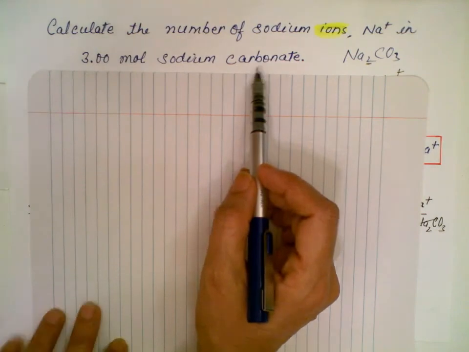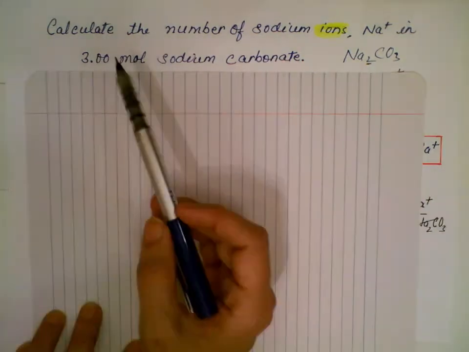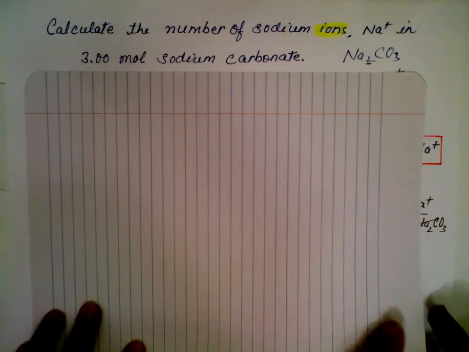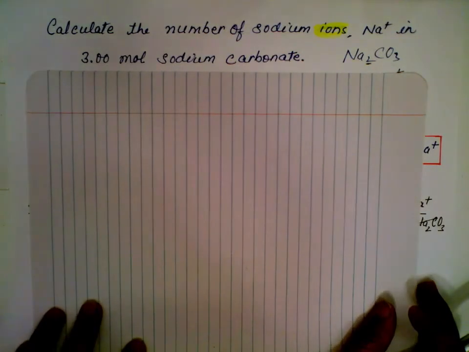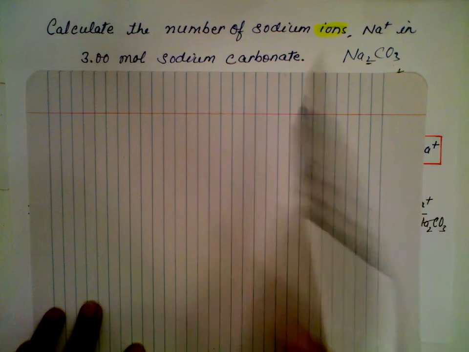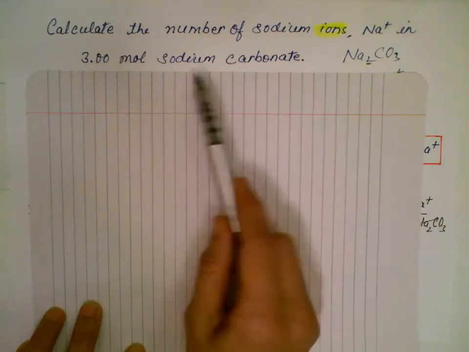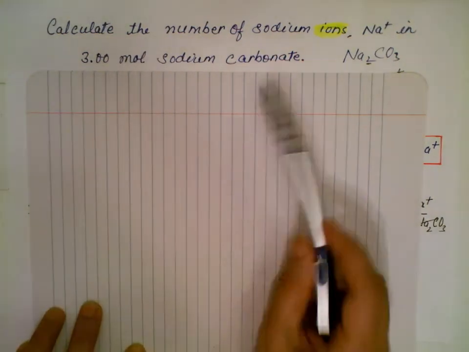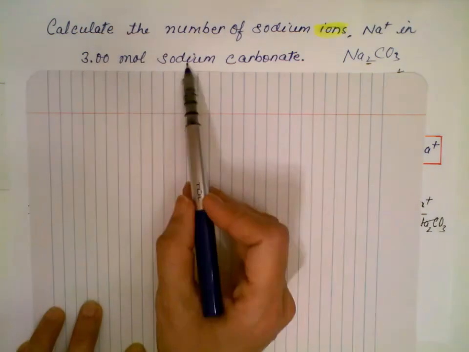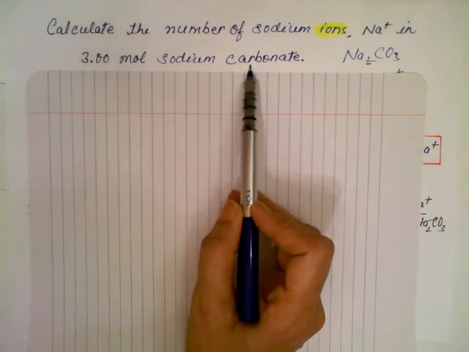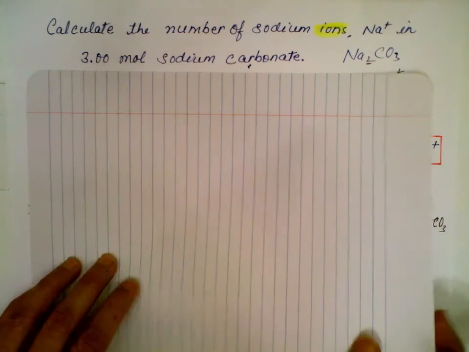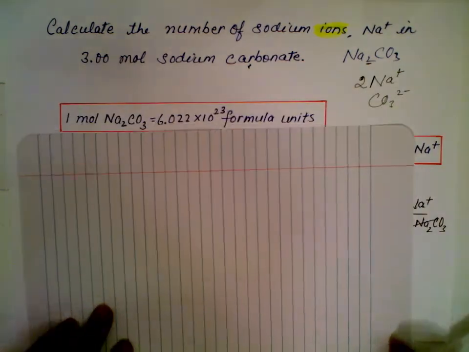That's the only difference. And there you had 1 mole, here you have 3 moles. The rest of the steps are exactly the same. So 1 mole of sodium carbonate would be how many formula units? 1 mole of sodium carbonate would be 6.022 times 10 to the power 23 formula units right here.